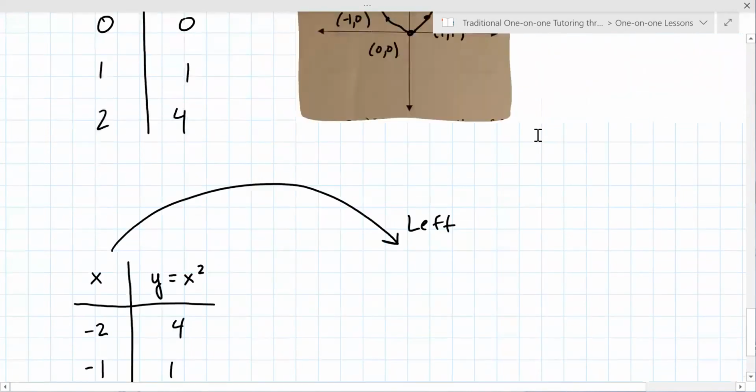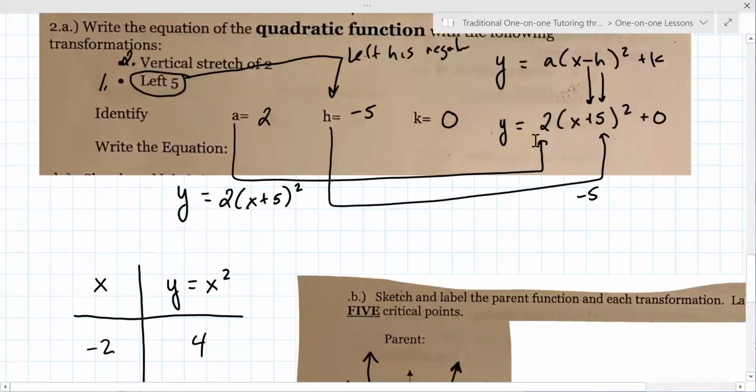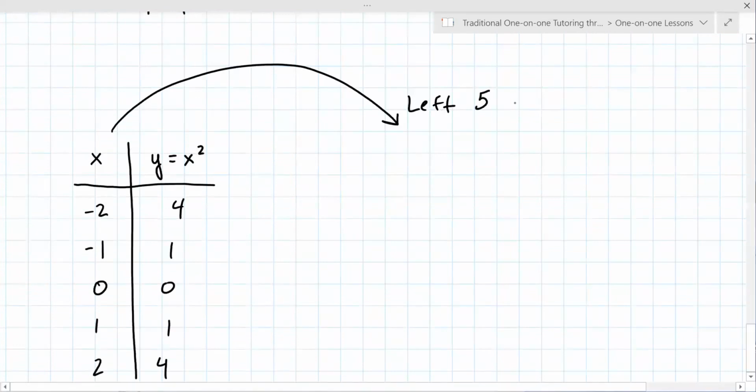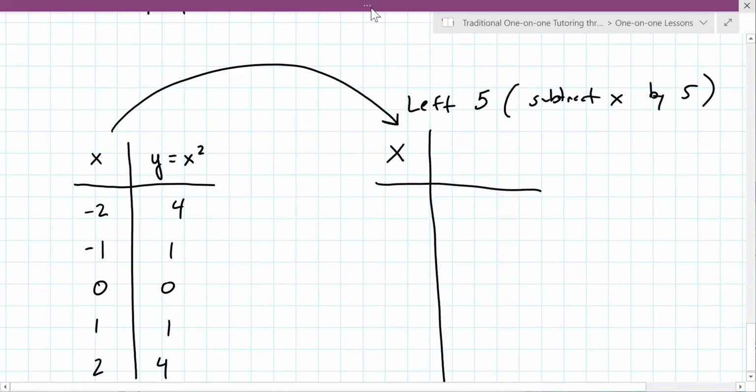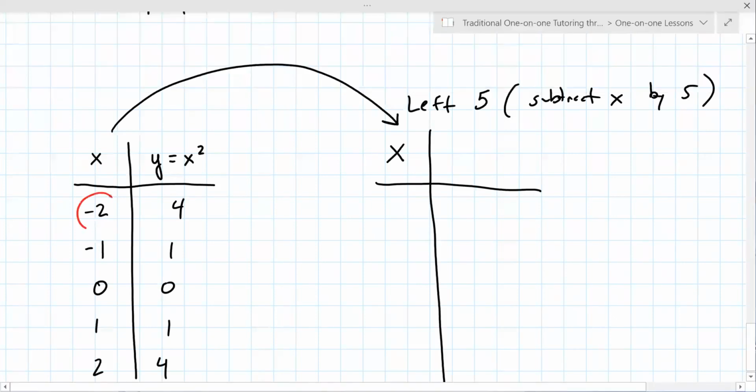Is that what it said? Let me go back and check. Yes, left 5. So left 5 means to subtract x by 5. So we're going to take this first x value and subtract it by 5.